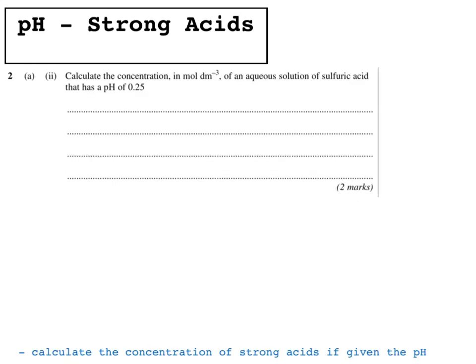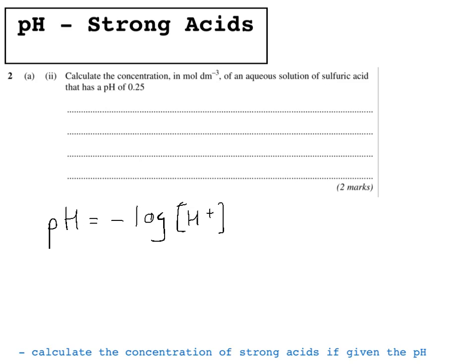Now in this question, it asks you to calculate the concentration in moles per dm cubed of sulfuric acid when you're given the pH. In this case it's 0.25. So first we need to understand how we go back from pH to concentration. What we use is the pH expression. pH equals minus log of the concentration of H plus. So basically what we've got to do is rearrange this expression to get H plus by itself.